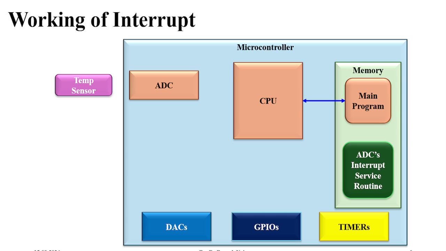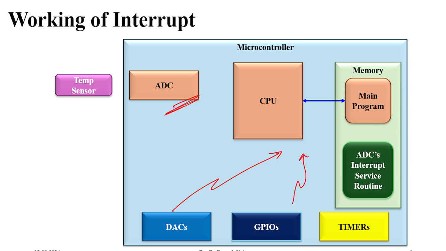In this way, whenever any external hardware has to communicate with the CPU, it can generate an interrupt and provide the data to the CPU for further processing. And in this way, the CPU can get engaged in other jobs also. Suppose the DAC wants to send some data to the CPU, it will send the data via its interrupt service routine.